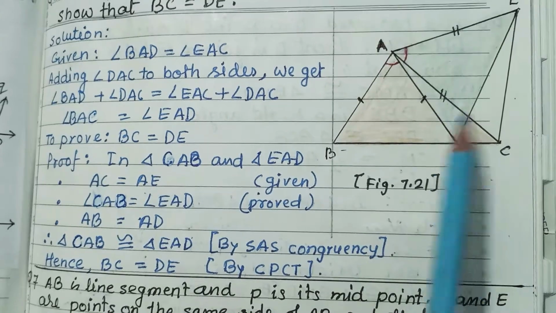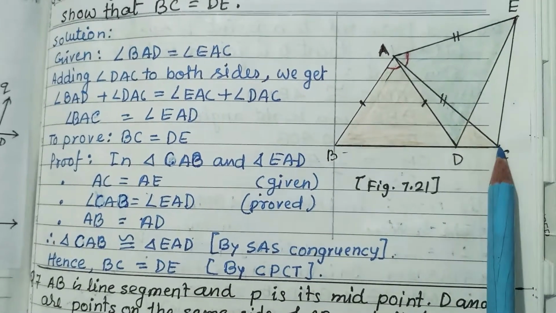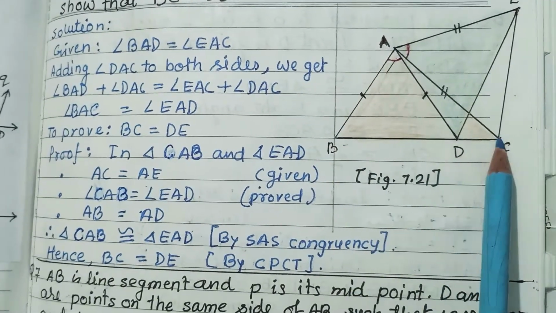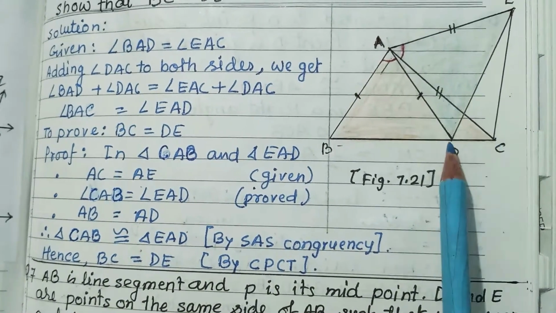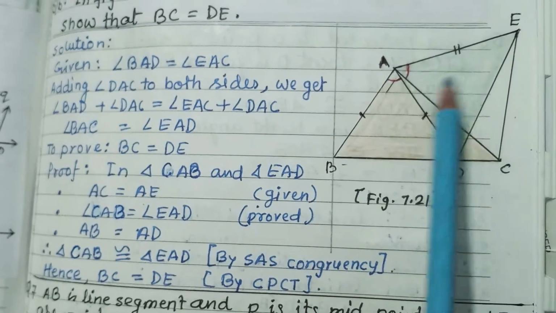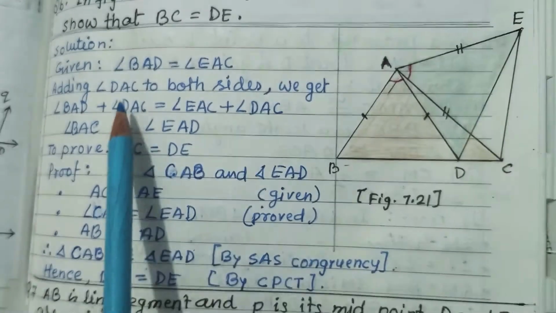Now, BC is the side you have to prove, so on the base BC we have to take this triangle ABC, and this one is the base, so we have to take ADE. So these two triangles we have to take here.